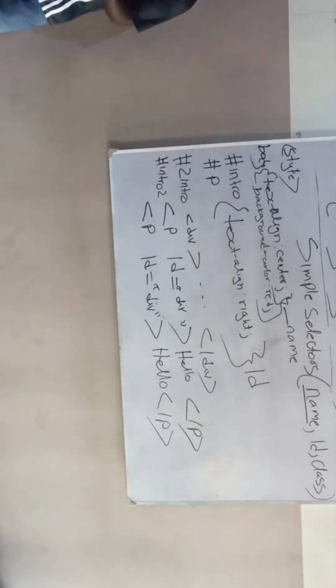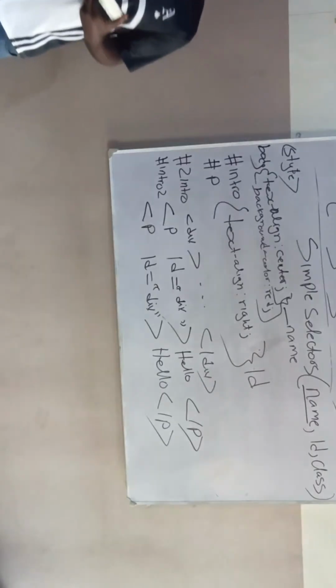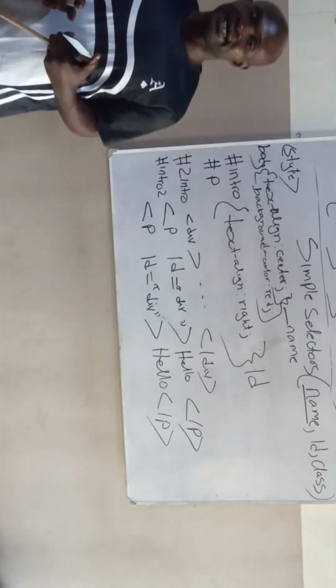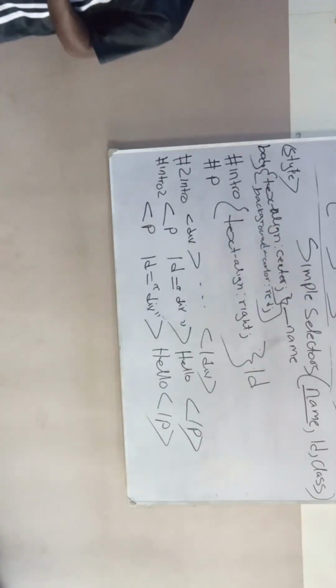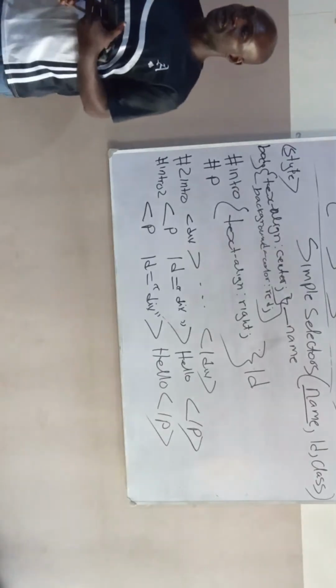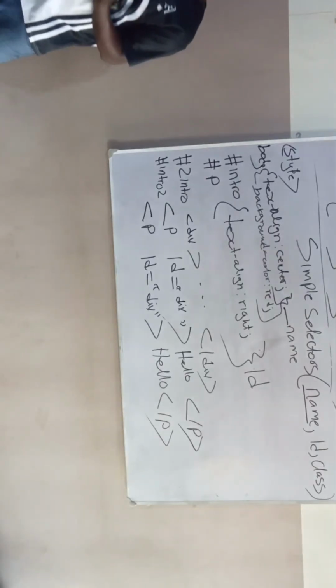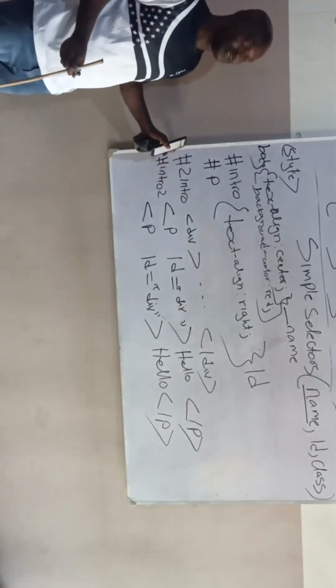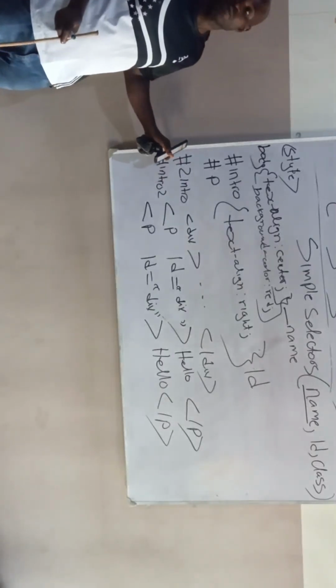What is it supposed to mean? An ID name cannot start with a number. Write it down. An ID name cannot start with a number. Not just here, in almost all programming languages.